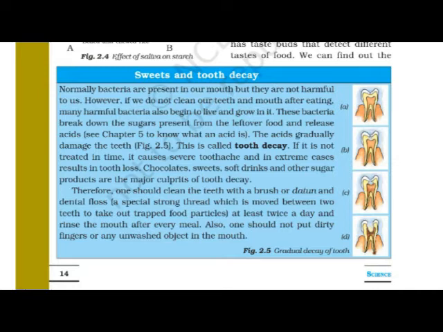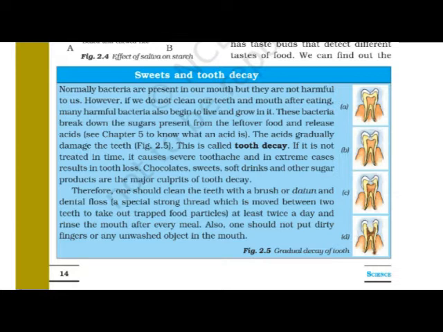You can prepare the question, what are the uses of the tongue, or define the functions of the tongue. Many questions you can prepare here. So frame the question and write the answer. Now we are going to talk about the tongue. It has taste buds that detect the different tastes of the food.